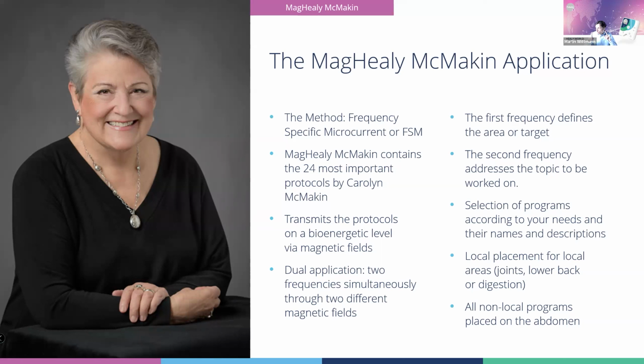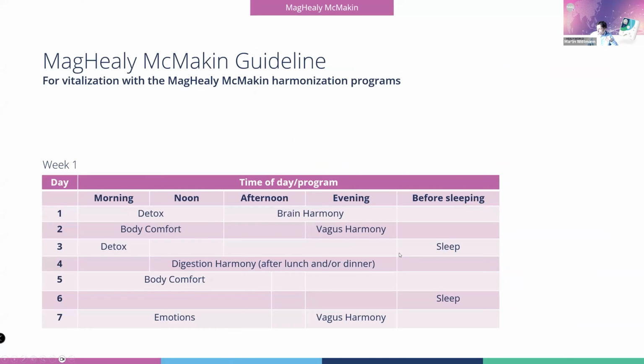The first frequency always defines the target area, so where is the area where I want to change something. And the second is the topic. So what do I want to change? Where and what? Those two frequencies basically work together. And of course, you can select those programs according to the names. And you have, of course, also local placements and non-local programs.